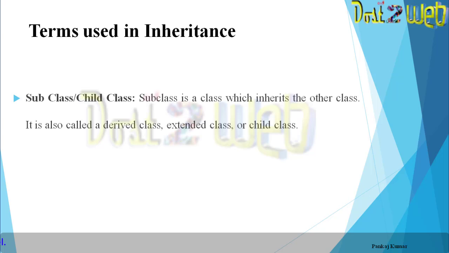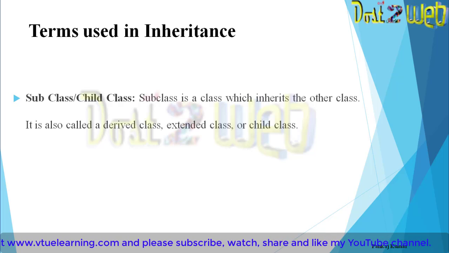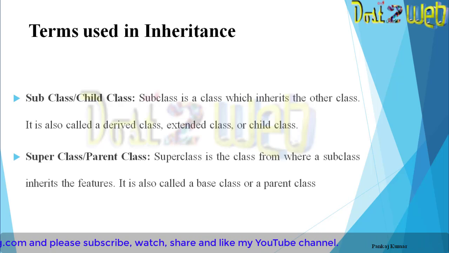So what are the terms you are going to use? As I mentioned, subclass or child class. What is the subclass? A subclass is a class which inherits the other class. It is also called a derived class, extended class or child class. So there are different names also. Remember guys, derived class, extended class or child class.